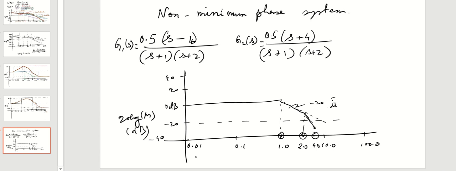This has a slope of minus 40 dB per decade until it approaches the next corner frequency, which is a 0. So it will again start to go at minus 20 dB per decade. So this is what the magnitude plot of both these functions are going to look like.